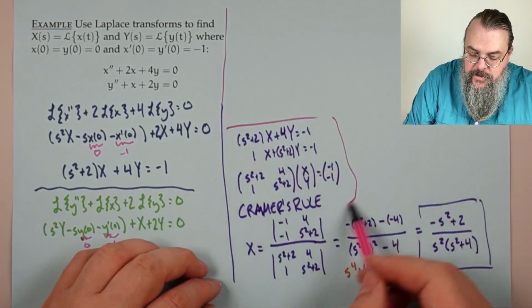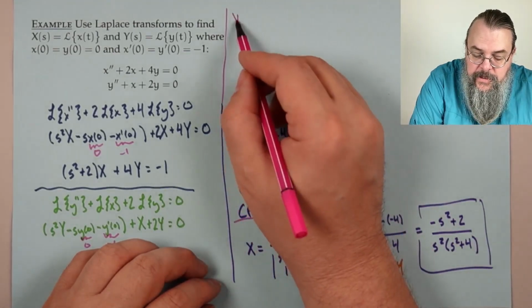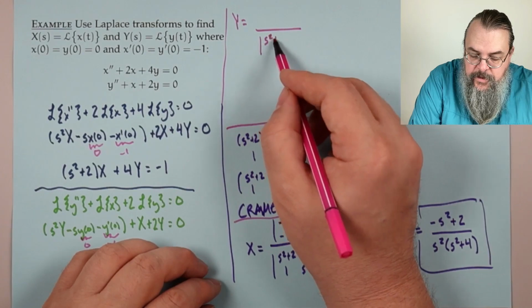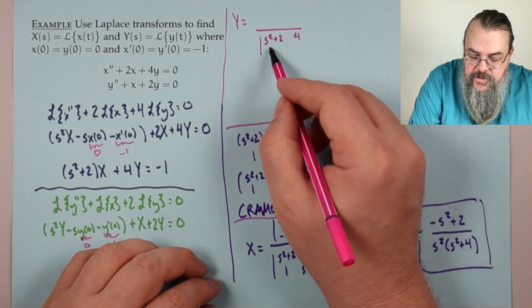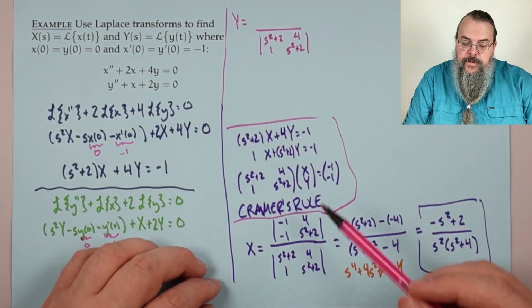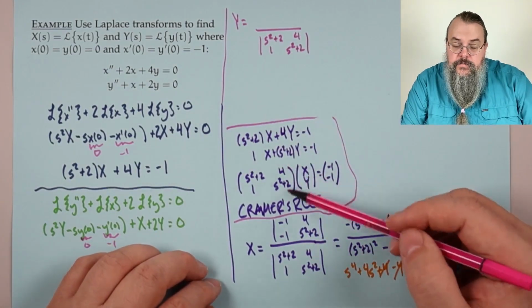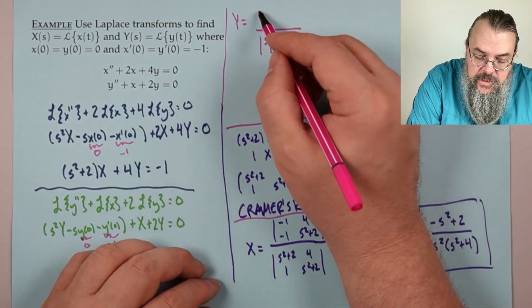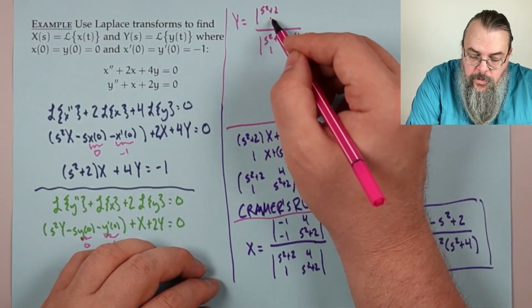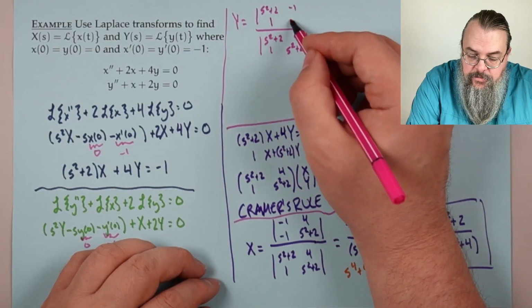Well, you have the same determinant downstairs, from your coefficients. Now upstairs, you're going to replace the y column. So it'll be s squared plus 2, and then a 1, and a minus 1, minus 1.